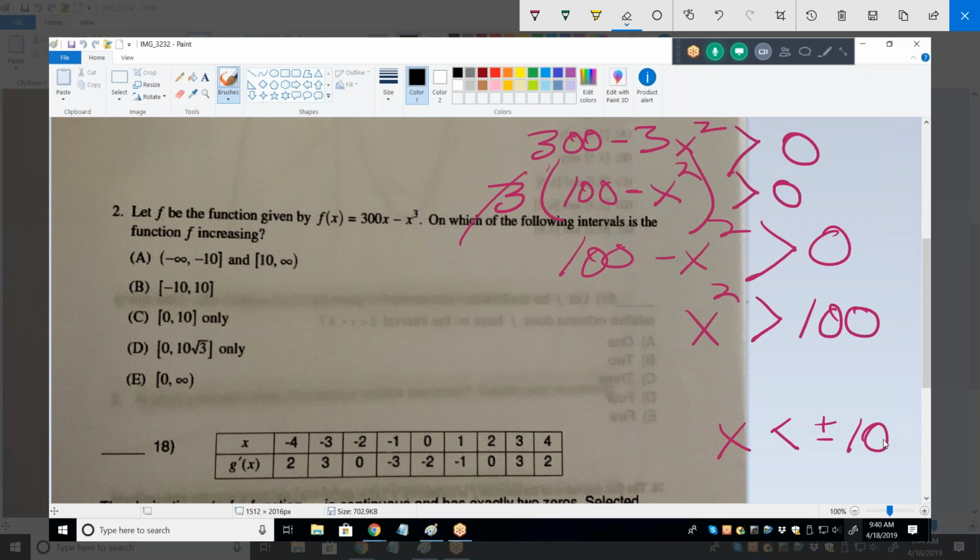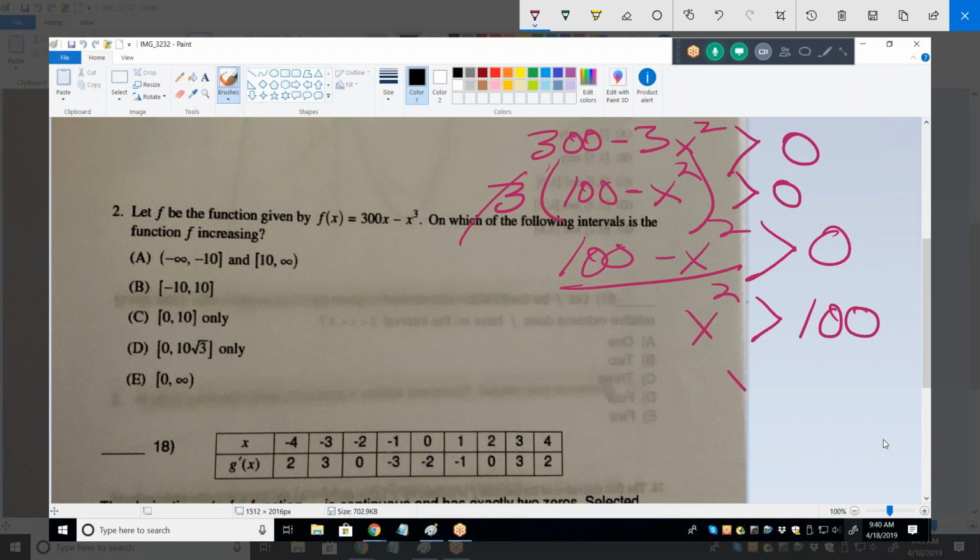Well, if we took the original, what we had there, can x be 11 for this to be true? No. Okay, so we got to be on the other side of 10. We got to have it be less than plus 10 or greater. In fact, I need to write this in two different ways. Here's the solution.